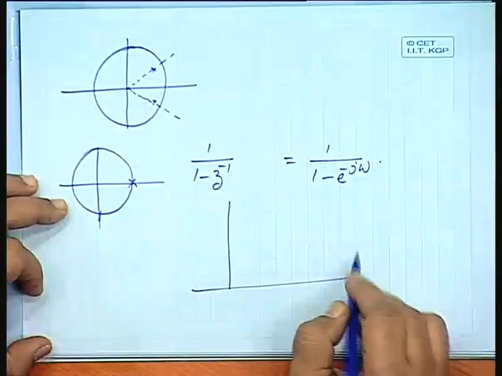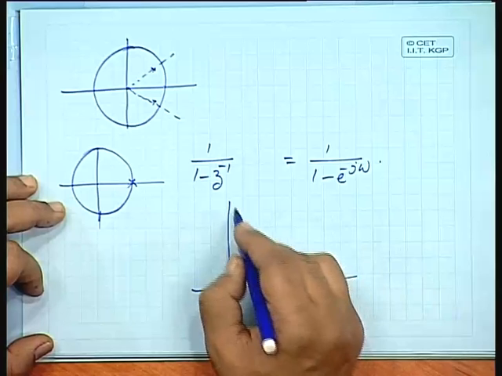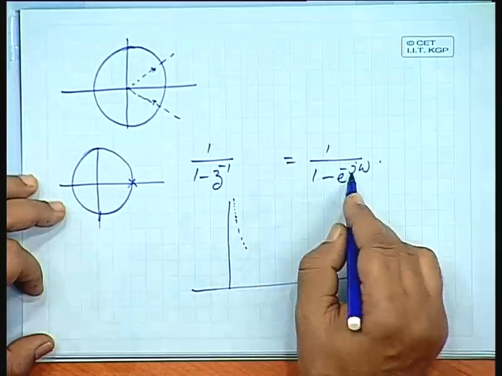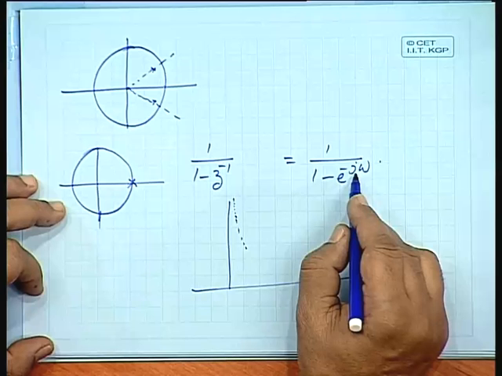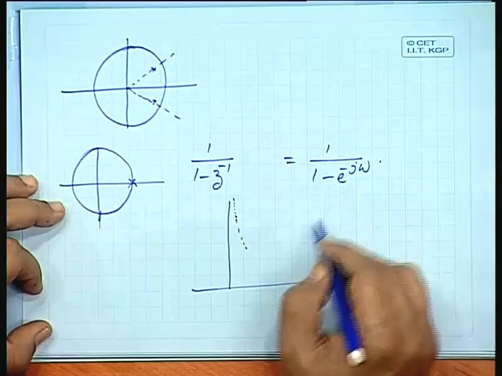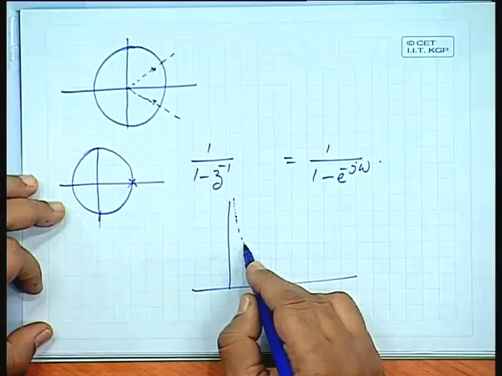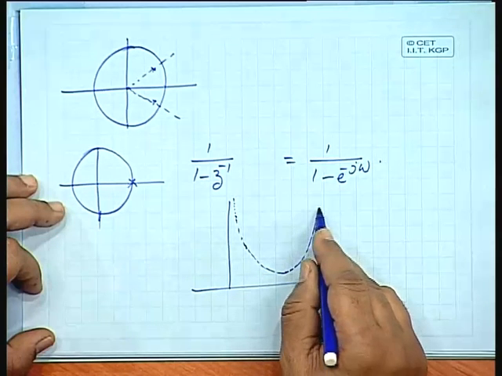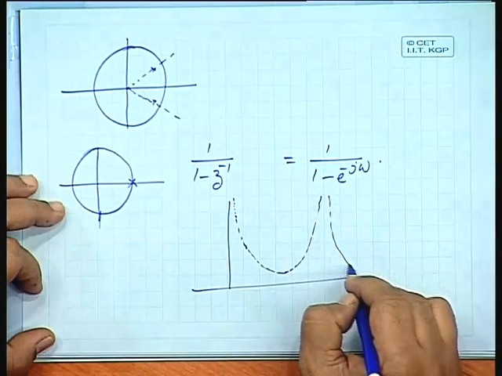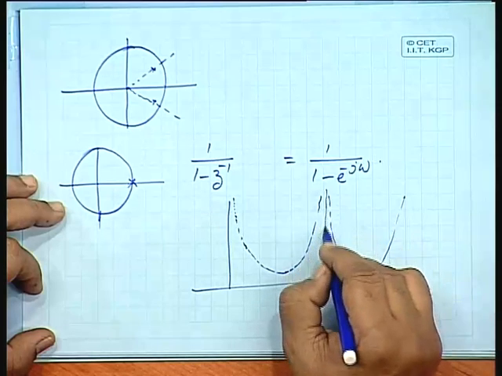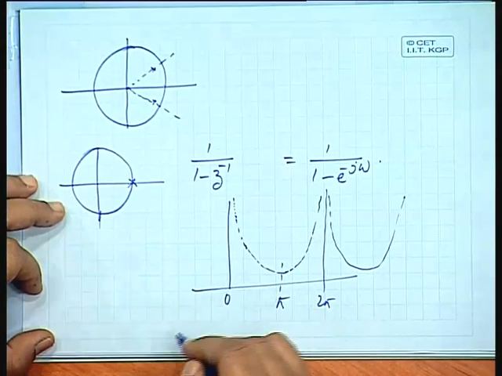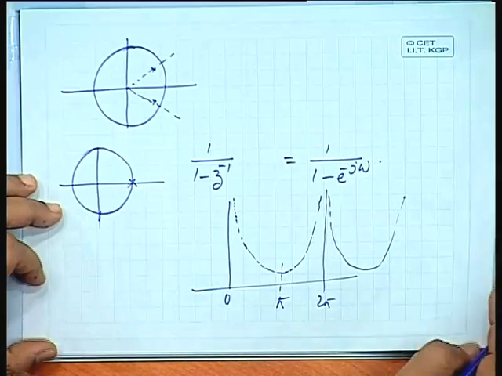Infinity. And when ω is equal to π, it becomes 1 by 2, the half. It will be like this. So, this is 2π, this is π, and this will tend to infinity.